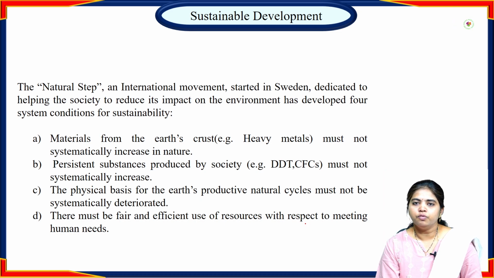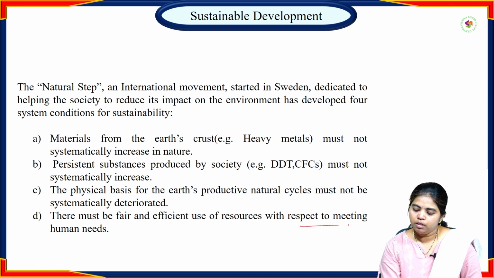The physical basis for the earth's productive natural cycles must not be deteriorated. Productive natural cycles include, for example, the water cycle. These must not be deteriorated, and there must be an efficient and fair usage of resources with respect to meeting the needs.